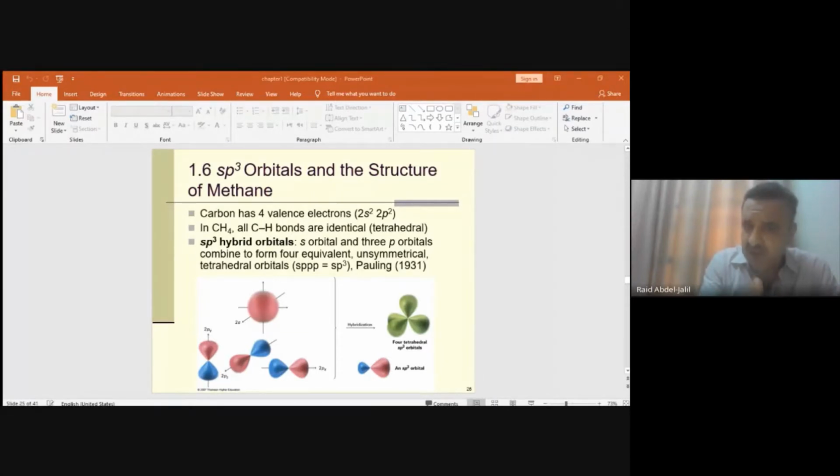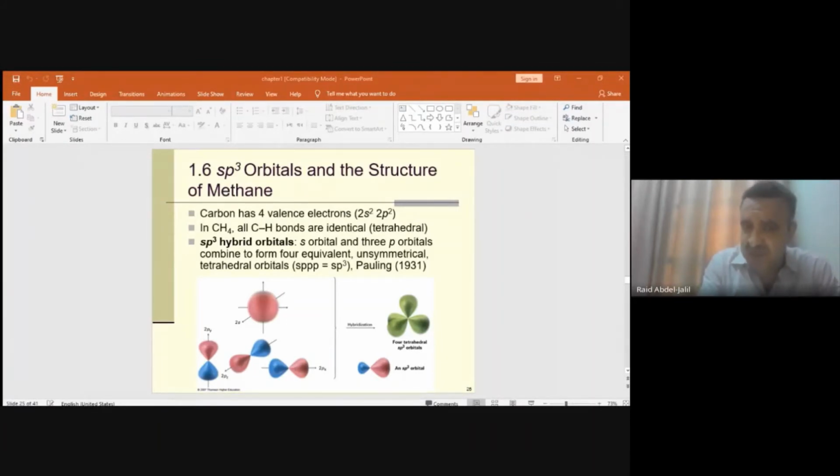This is the first step. So in order for the carbon to make 4 bonds, as we said, carbon needs to have 4 half-filled orbitals. To do so, as you can see, the 2s cannot be involved in bonding, because the 2s orbital is filled. It contains 2 electrons, so it cannot be used in bonding.